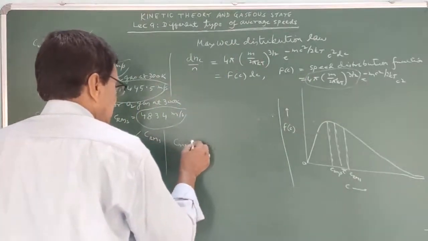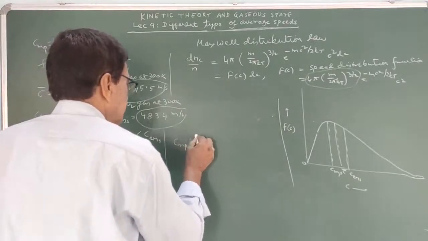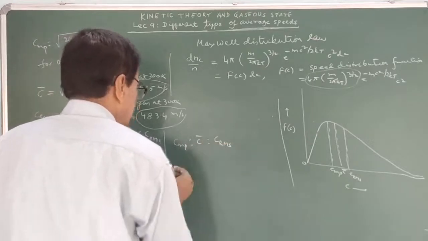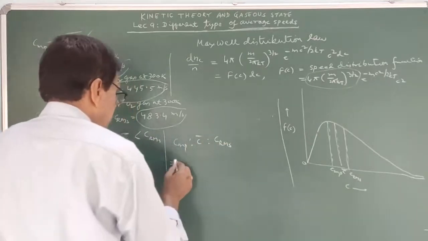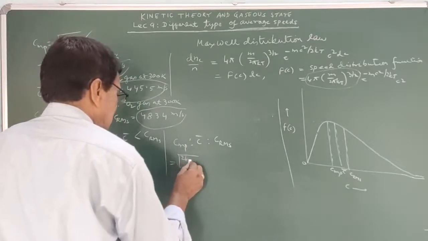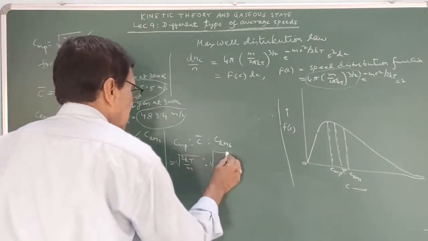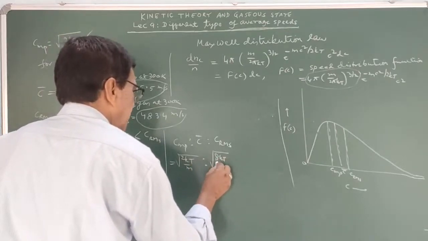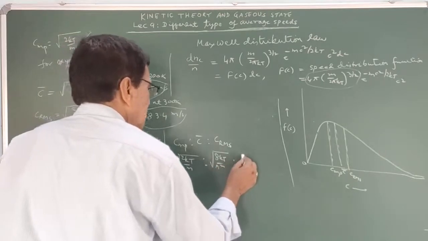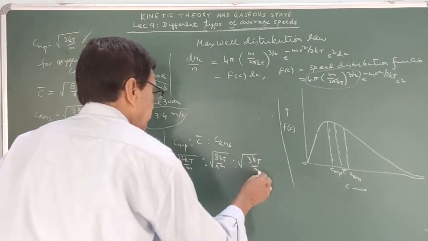C_MP is to C bar is to C_RMS is equal to root over of 2kT by m is to root over of 8kT by πm is to root over of 3kT by m.